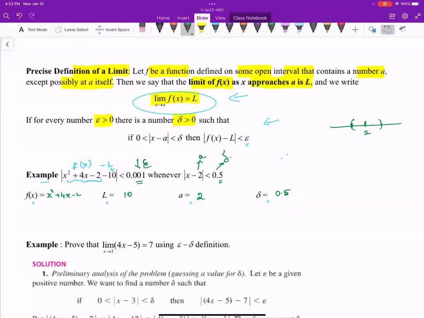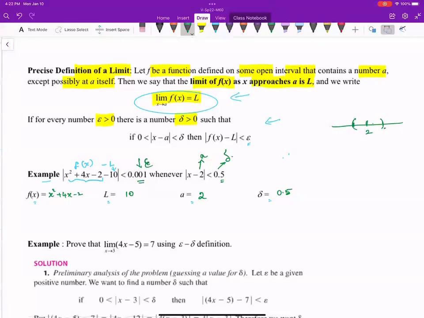So you can go up to 2.5 here and 1.5 over here. So x will be in this neighborhood. If x lies between 1.5 and 2.5, which is a neighborhood of 2, then f of x and 10 will differ by less than 0.001.